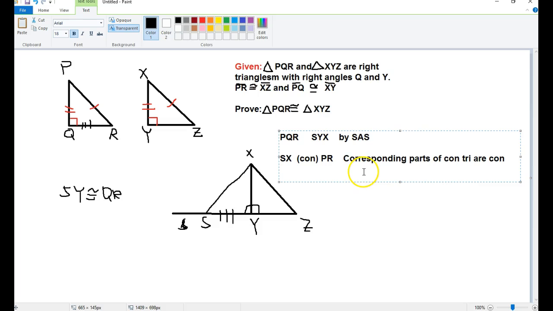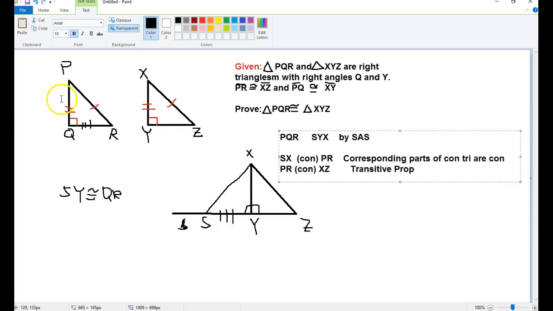So we have that, and PR is also congruent to XZ. PR is congruent to XZ, and that's by the transitive property.